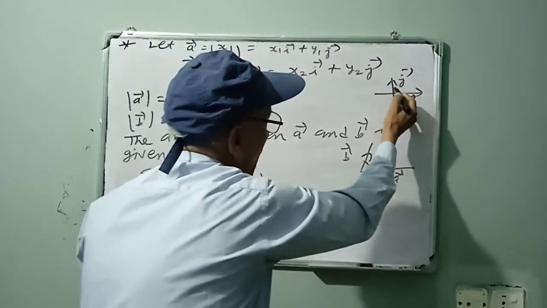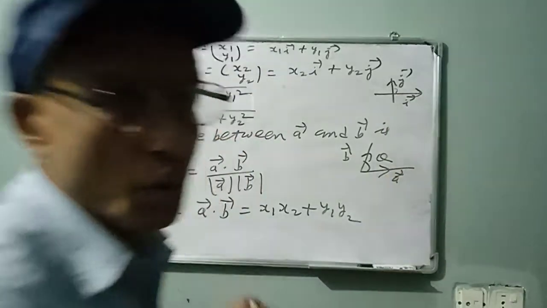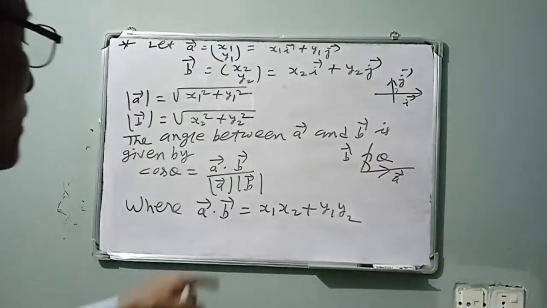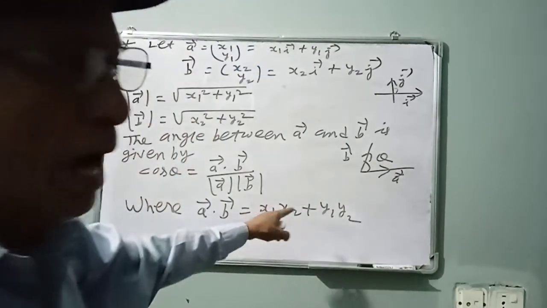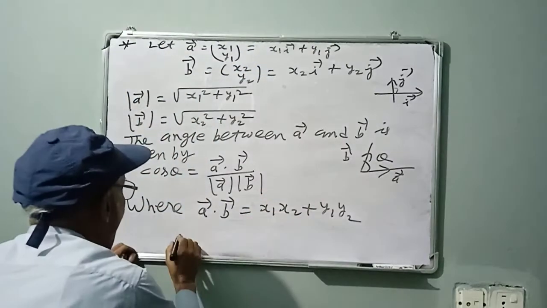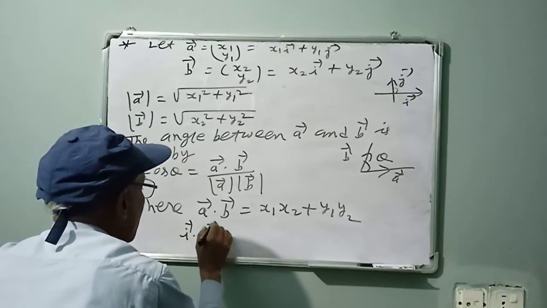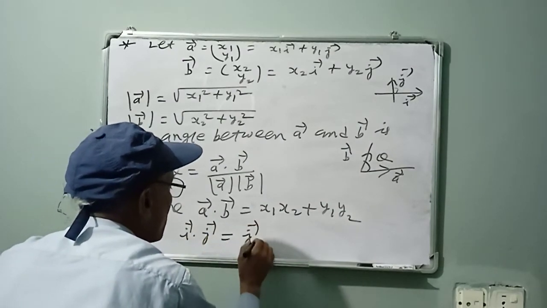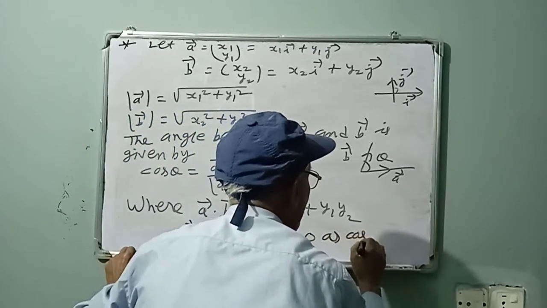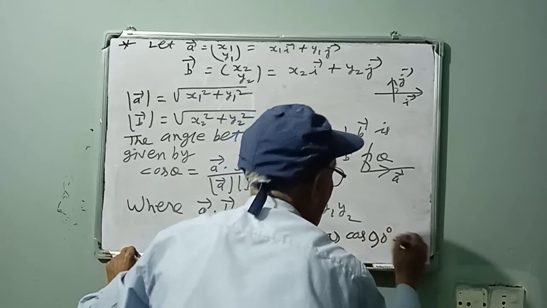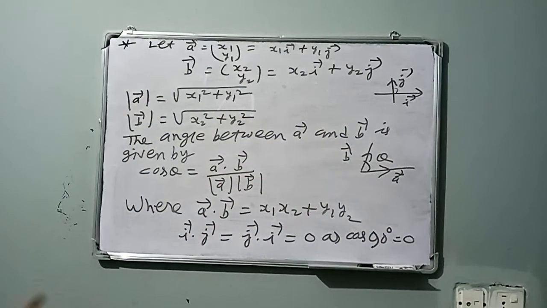The angle between i and j is 90 degrees. So cos 90 degrees equals 0. Therefore the cross terms x1 y2 plus x2 y1 times i dot j equal 0, where i dot j equals j dot i equals 0, as cos 90 degrees equals 0.